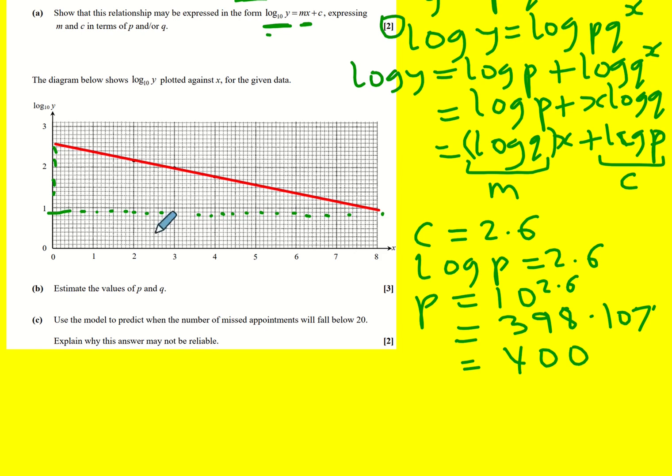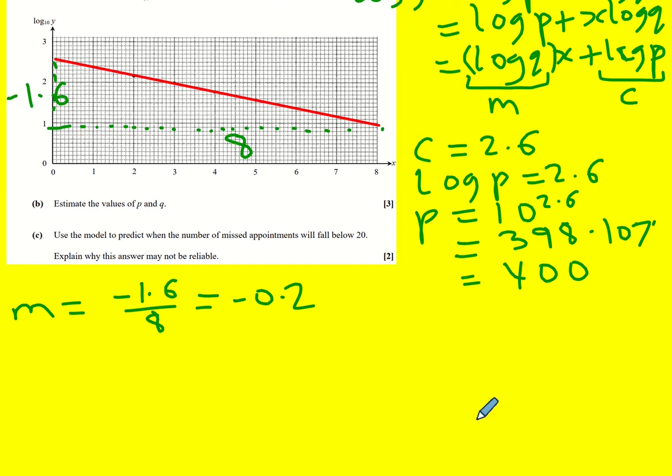Okay, so I'm going from 0 to 8 along, and I'm at 2.6, and I go down to what I think I'm going to go with 1 there, so it's minus 1.6. So m is equal to minus 1.6 divided by 8, which is minus 0.2. As long as you're roughly again in this ballpark, that's fine.